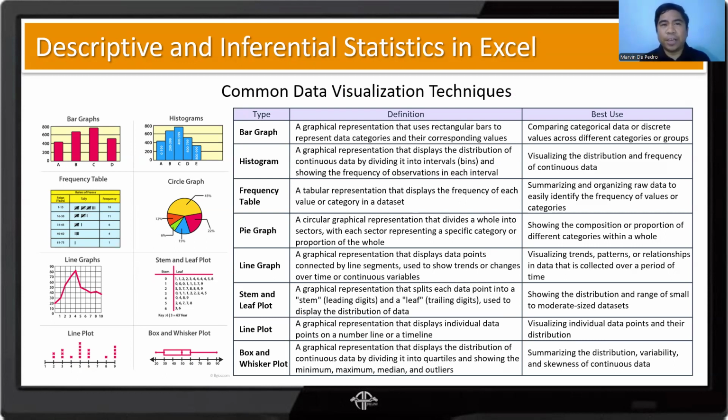So we have these common data visualization techniques. We have the bar graph, best used when comparing categorical data or discrete values across different categories or groups. With that, we need a frequency distribution table when we are talking about categorical data.